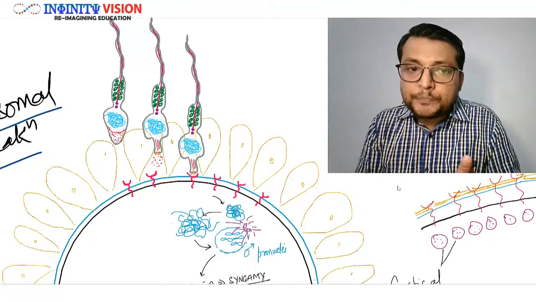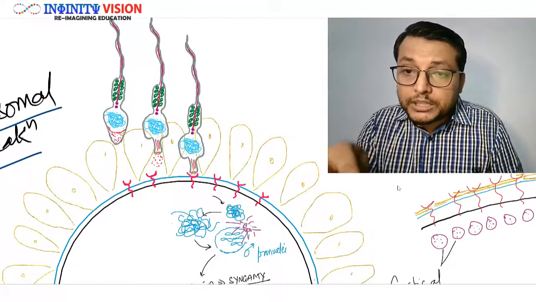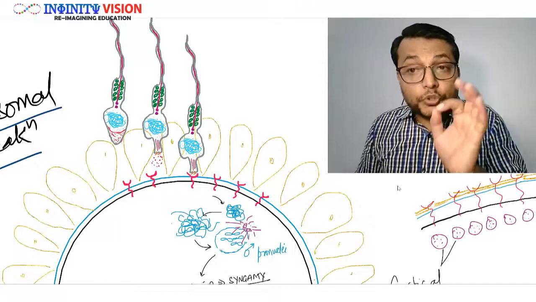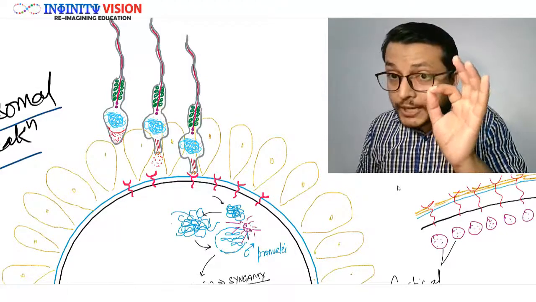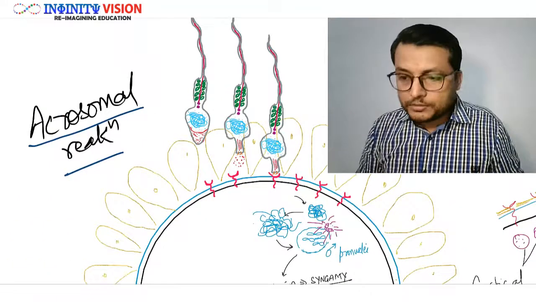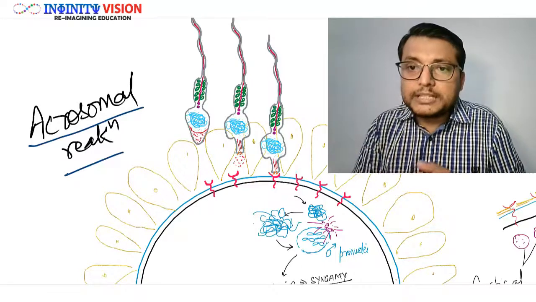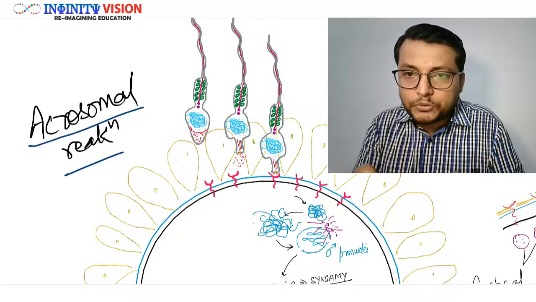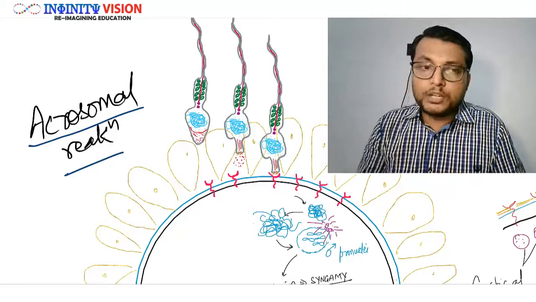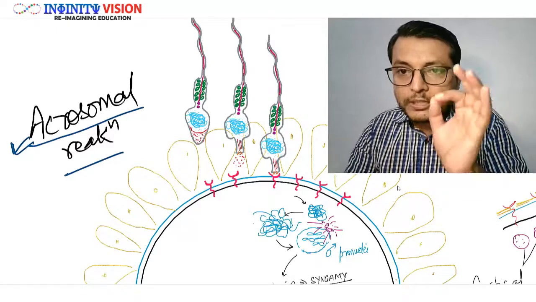As a result, the sperm head will finally be able to reach the zona pellucida. Now, this whole process of dissolving the corona radiata layer with the help of acrosomal enzymes is called the acrosomal reaction.